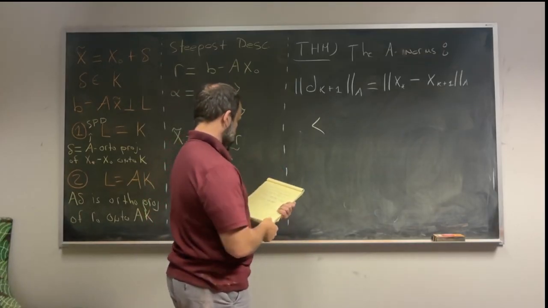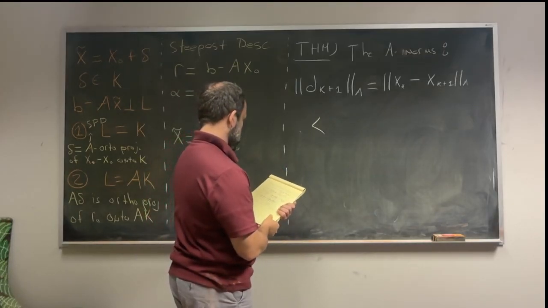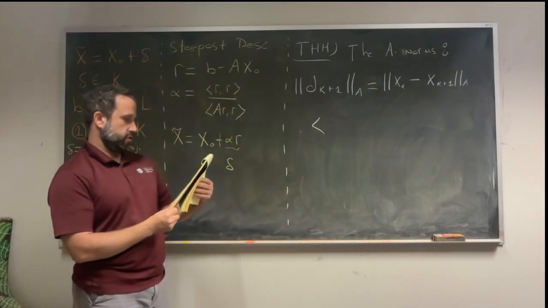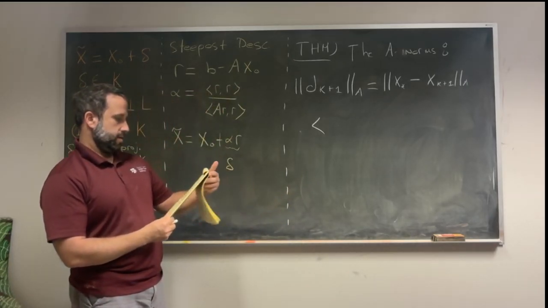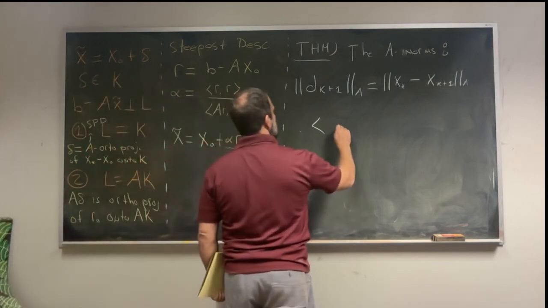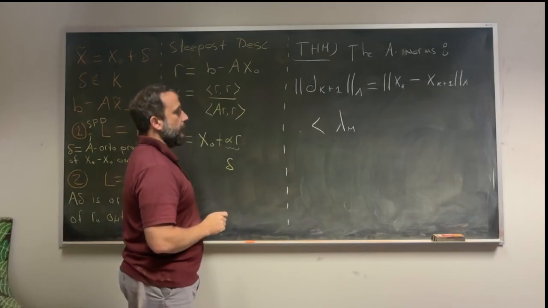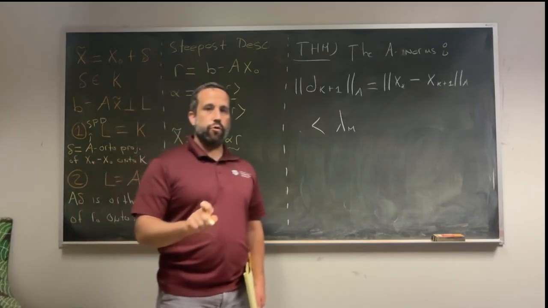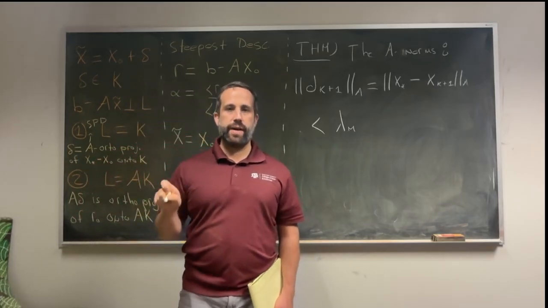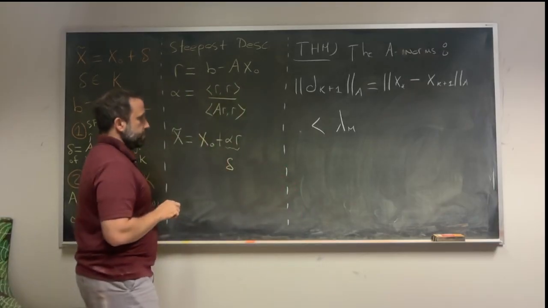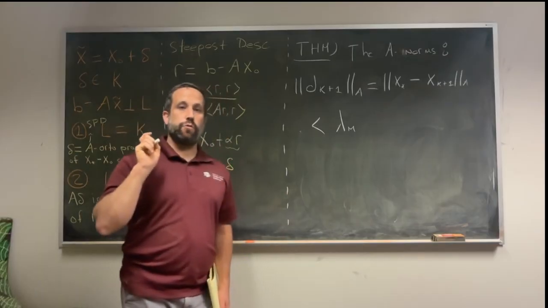One second, let me make sure that I have this correctly. Yes, this is less than lambda capital M, that is the biggest eigenvalue of A. Remember, we're assuming A is a symmetric positive definite matrix, so all of the eigenvalues are real and positive.